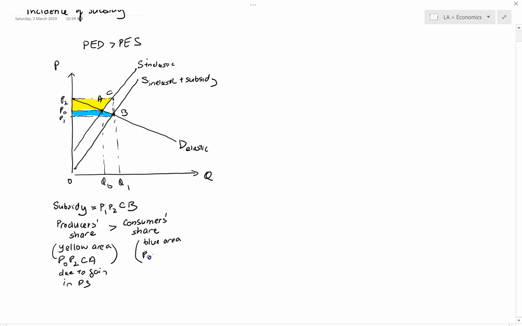It's actually P not AB P1, due to gain in consumer surplus. So you can see that if PED is elastic, consumers will enjoy less of the subsidy.